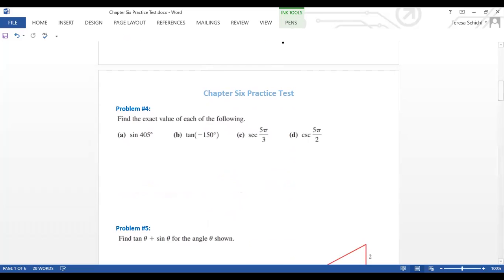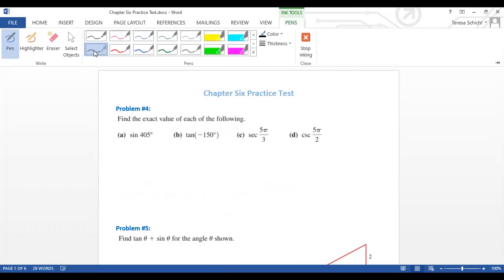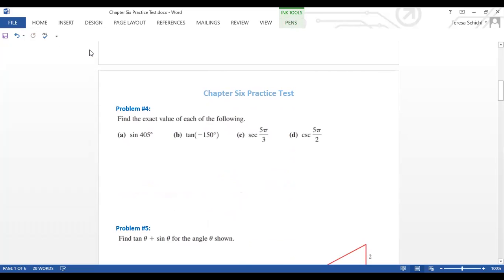Okay, so now the next thing here, we want to find the exact value of sine 405 degrees. So basically you want to find the reference angle, right? You turn the whole circle, which is 360, then you have another 45.